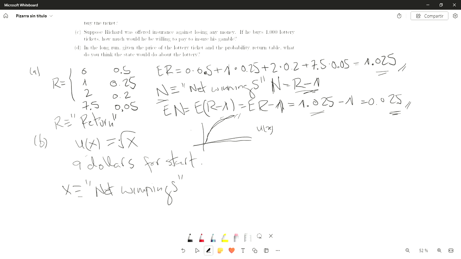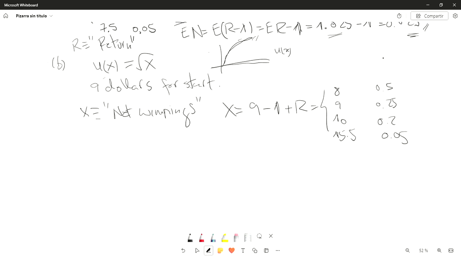In this particular case, x would be 9, the original, minus 1 because he spends 1 for the lottery ticket, plus R, which gets the following values: 8, 9, 10, and 15.5, with the probabilities 0.5, 0.25, 0.2, and 0.05.